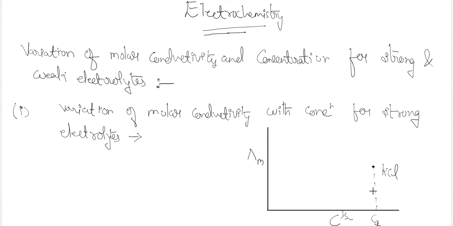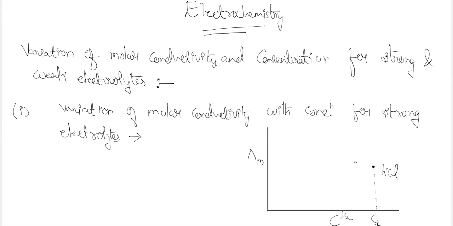As I decrease the concentration of KCl, how can I do that? By adding more solvent. Electrolytes are solutes dissolved in solvents. So as I increase the solvent, the concentration of KCl will start to decrease.